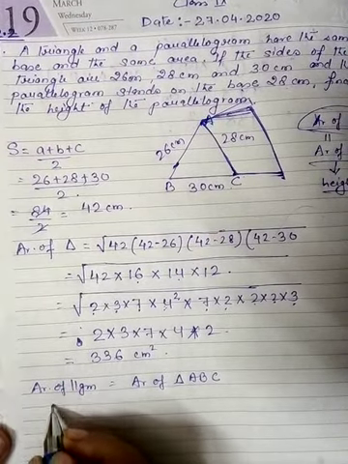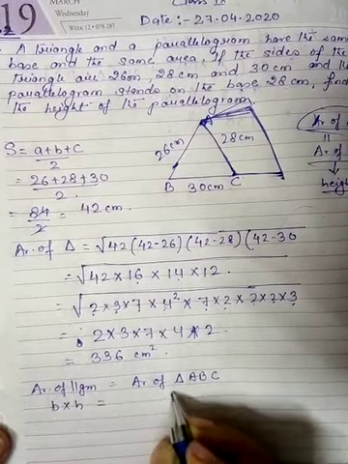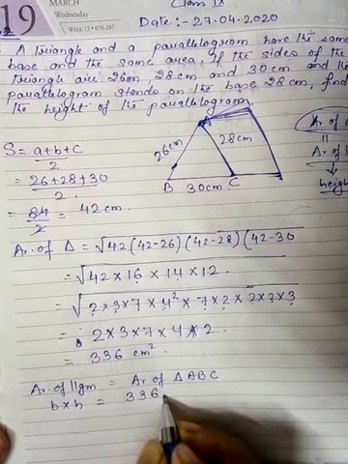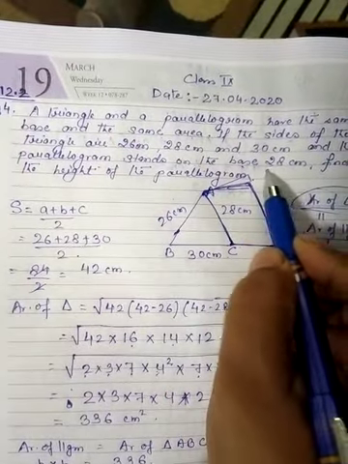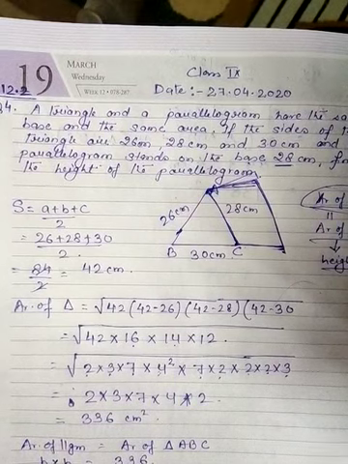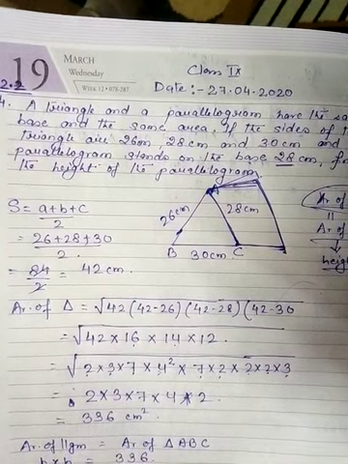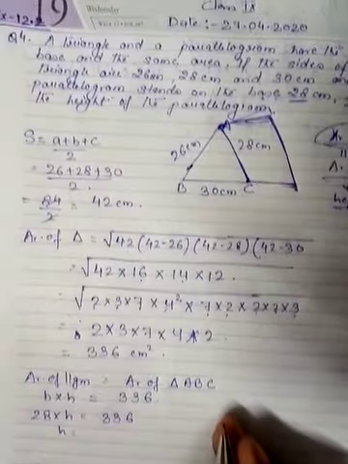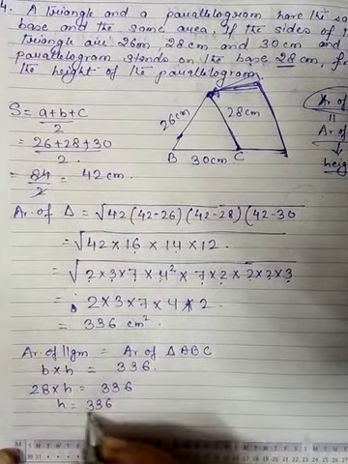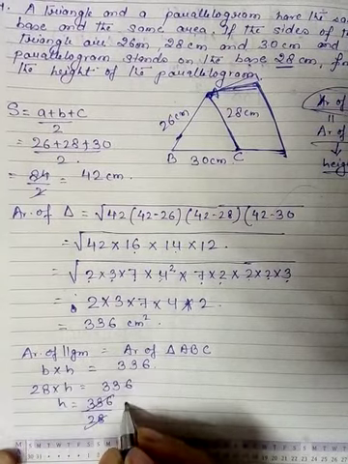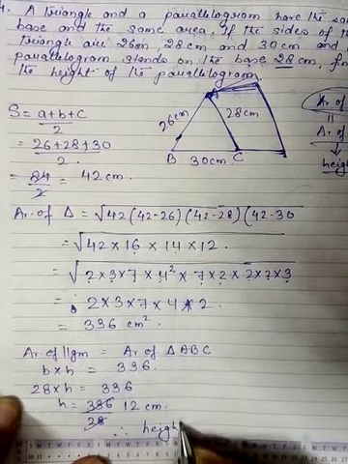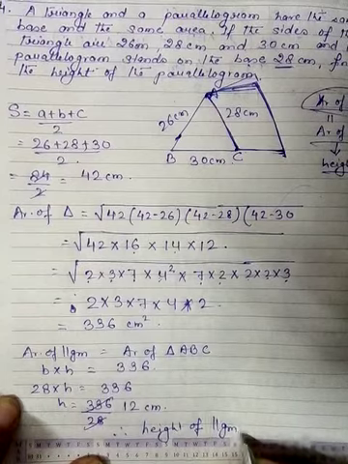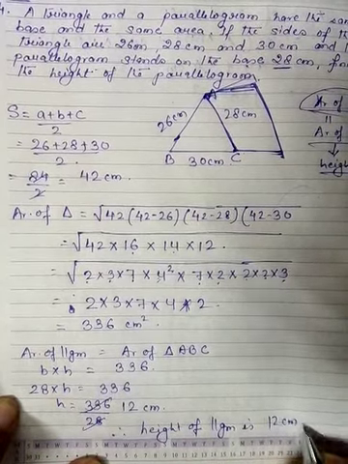The formula for the area of a parallelogram is base into height, and the area of triangle ABC is 336. Our base is 28, height we don't know, and the area is 336. So let's find the height. Height will be 336 by 28, that is 12 centimeter. Therefore the height of the parallelogram is 12 centimeter.